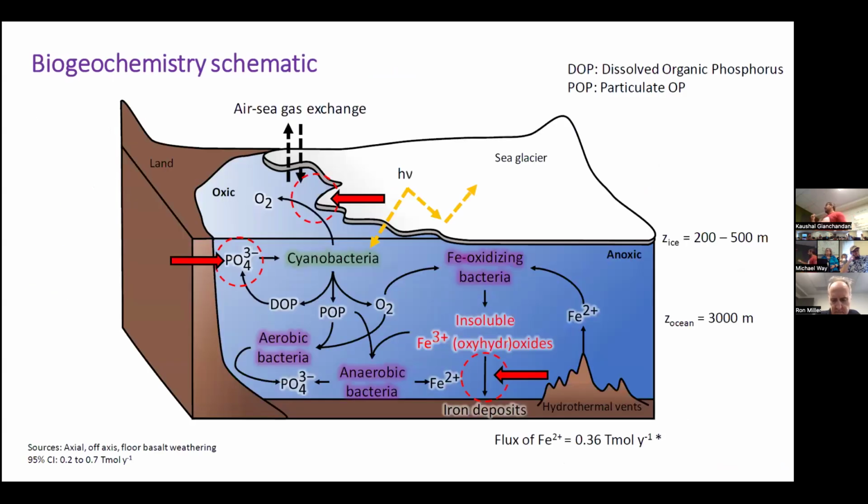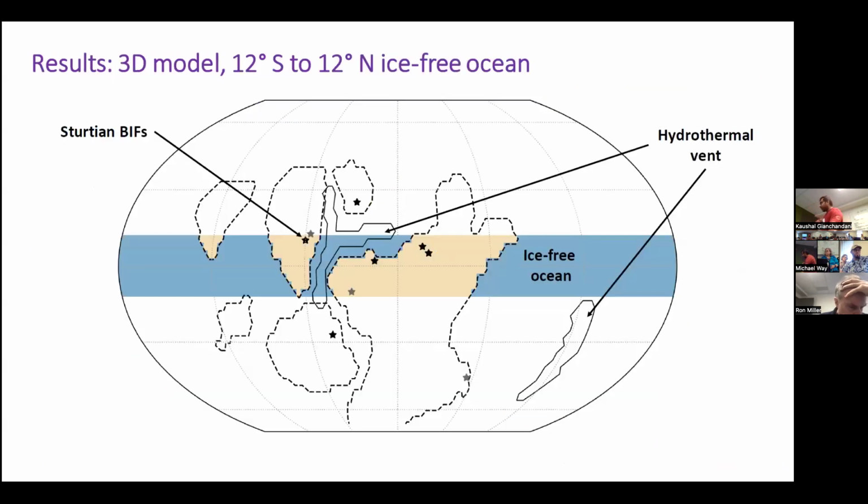Okay, now a recap of our strategy. Our goal is to find combinations of marine sea ice extent and concentration of nutrients in the ocean for which the iron deposition rates may fall within the iron deposition rates that we have calculated from Sturtian BIFs. We will try to understand the results better by focusing on one single case.